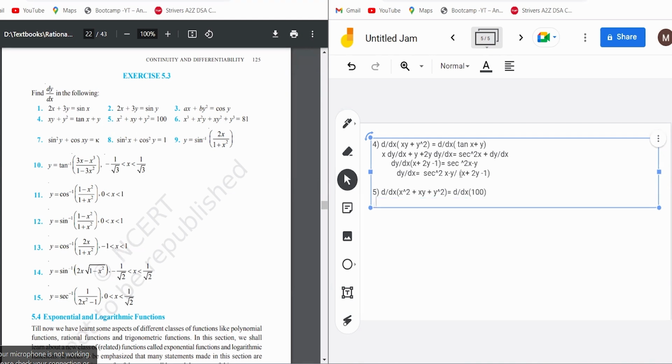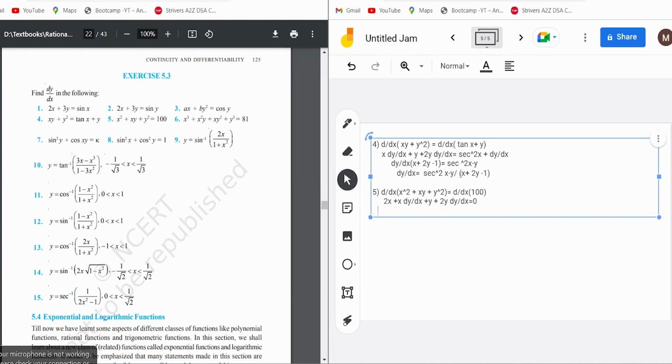Okay, so it would be just simple 2x plus xy का अपन ने ऊपर किया, it would be x times dy by dx plus y plus 2y square का जाएगा 2y dy by dx equal to d by dx of 100 is 0.